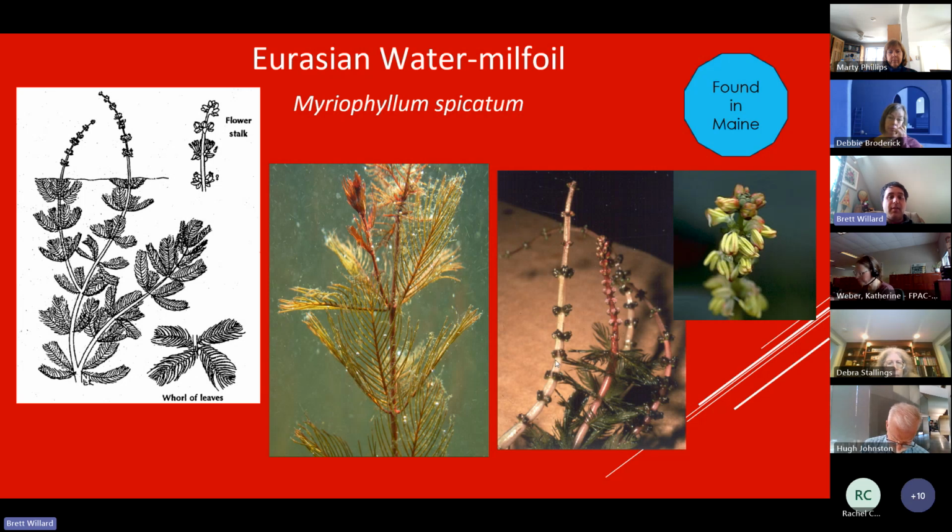This plant has feather divided leaves, which almost always appear in groups of four. Those leaves can be fairly widely spread along the stem compared to variable water milfoil, and there's a significant gap, sometimes up to an inch or a couple of inches. The leaves have a relatively high number of leaflet pairs.